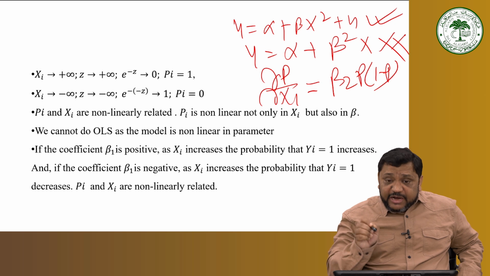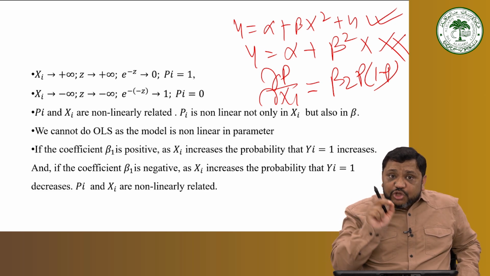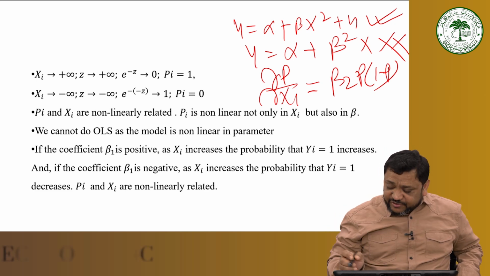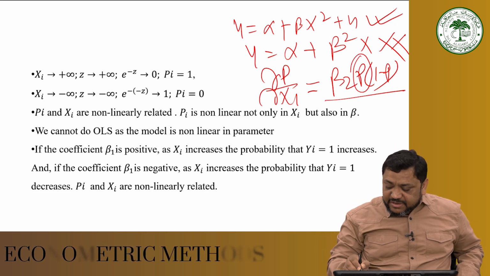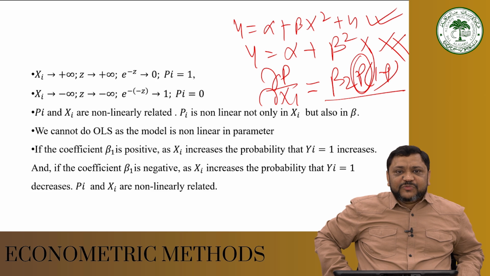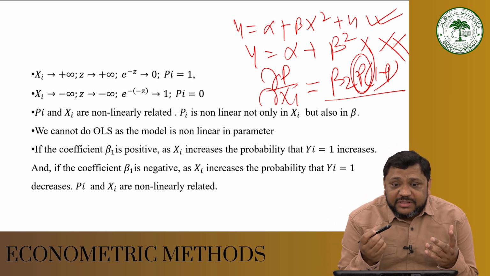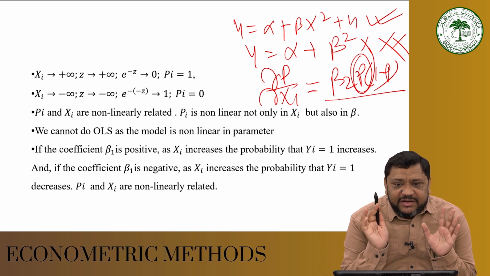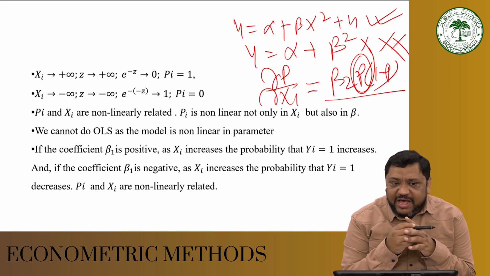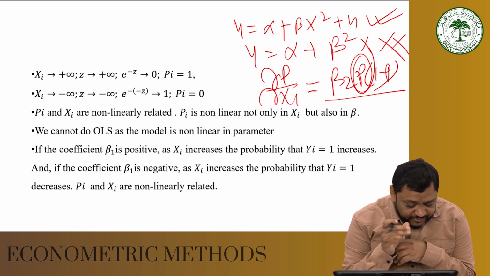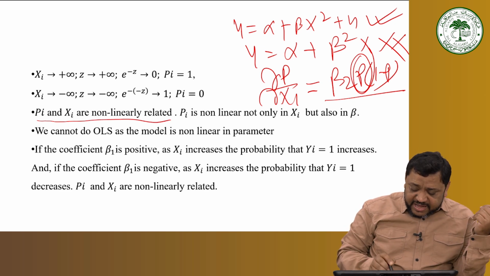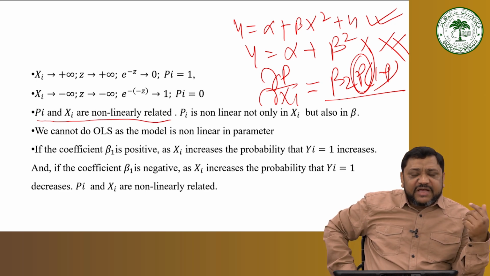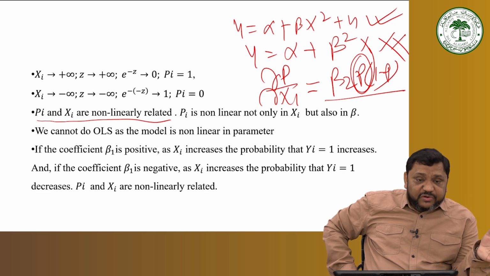So this delta p upon delta xi is not constant. It varies from point to point depending upon what your p is. So we can say that Pi and xi are non-linearly related. Pi is not linear not only in xi but also in beta. We cannot do OLS as the model is not linear in parameter.